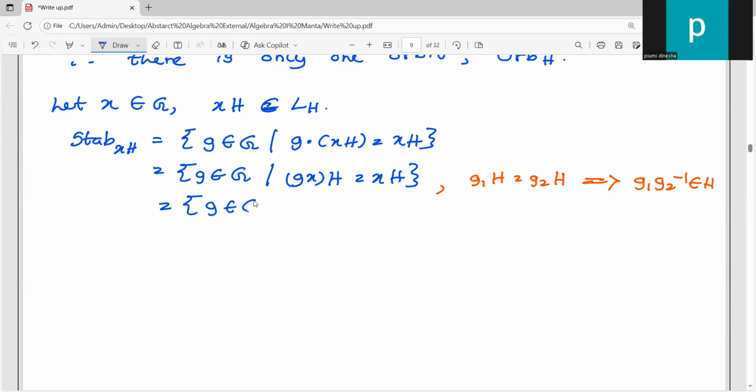So we take g in G because these two are the same. This means I will simply write this element x inverse gx is in H.